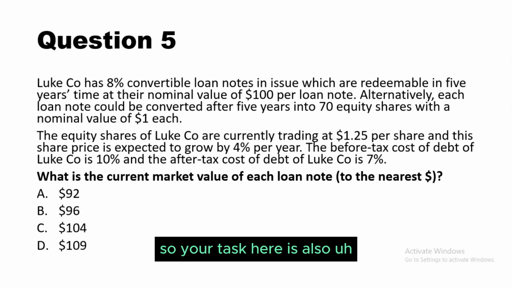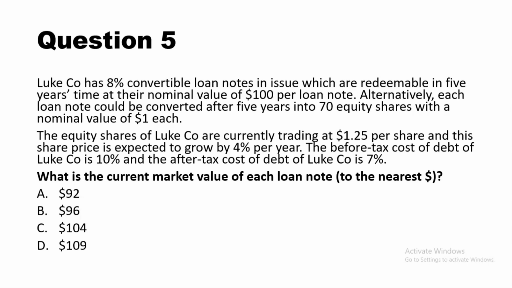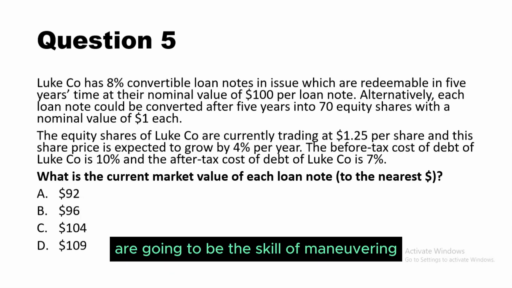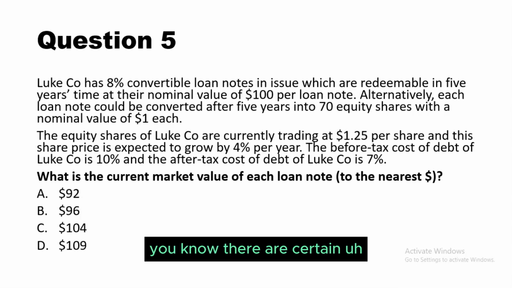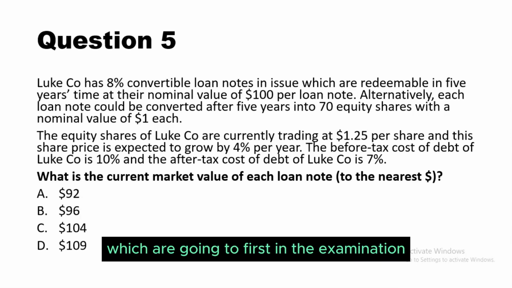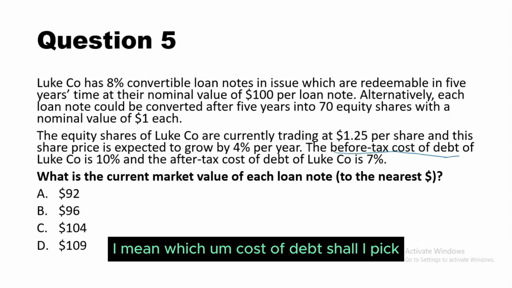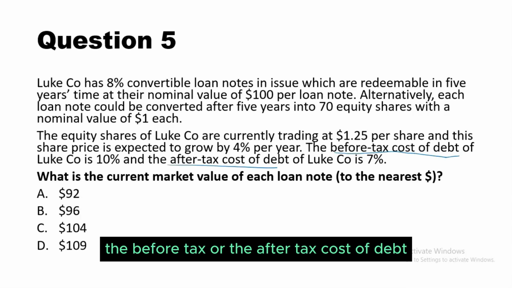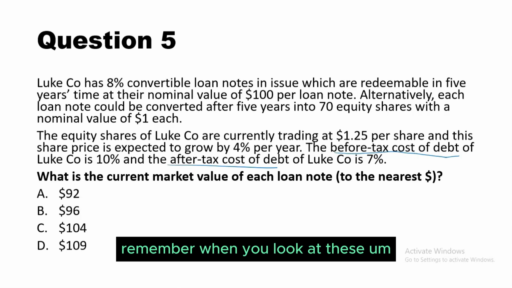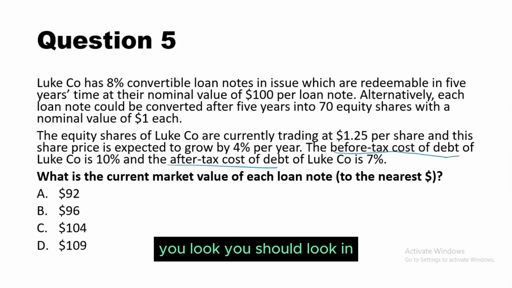So your task here is also going to be the skill of maneuvering. There are certain distractors which you are going to face in the examination. For example, which cost of debt shall I pick, the before-tax or the after-tax cost of debt? Remember, you should look at this in the shoes of the investor.